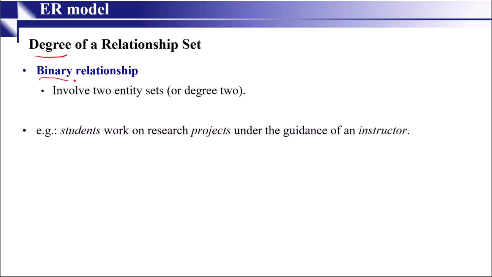So when we say binary relationship, it means involve two entity sets, or you can say degree of two. For example, a student work on research project under guidance of a professor, right? So relationship project guide is a ternary relationship between instructor, student, and project.